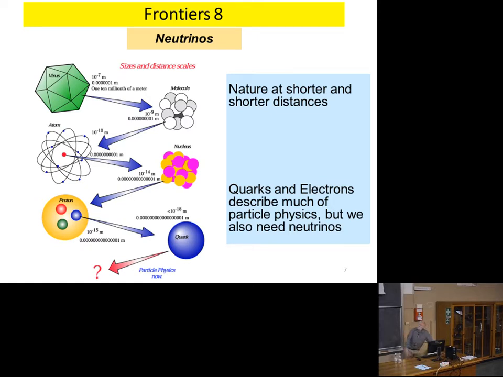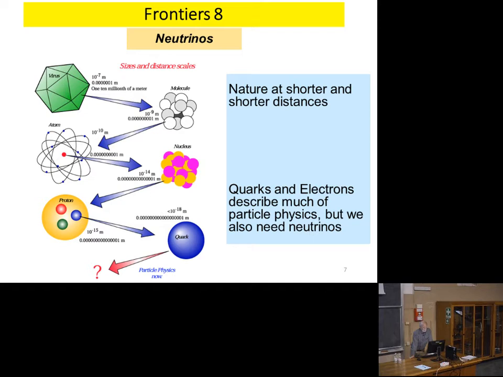A virus, shown in the top, is pretty big. It's about 10 to the minus 7 meters. And then we move into the physics, and we talk about molecules, which are about 10 to the minus 9 meters. The atom itself is 10 to the minus 10 meters. To make the nucleus of particles, we're down to 10 to the minus 14 meters.